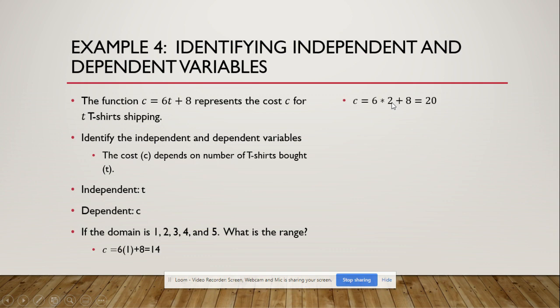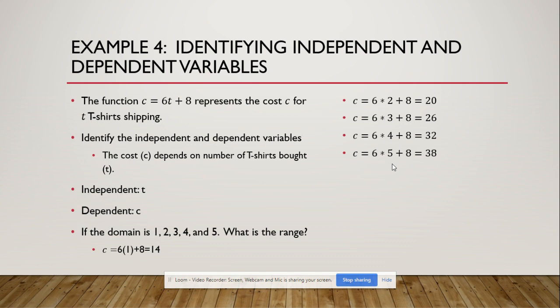If you buy 2 t-shirts, the cost is 20. If you buy 3 t-shirts, the cost is 26. 4 t-shirts, the cost is 32. 5 t-shirts, the cost is 38. And I'm going to stop right there because they said that the domain was 1, 2, 3, 4, 5. So those are the only numbers we would use in that equation.